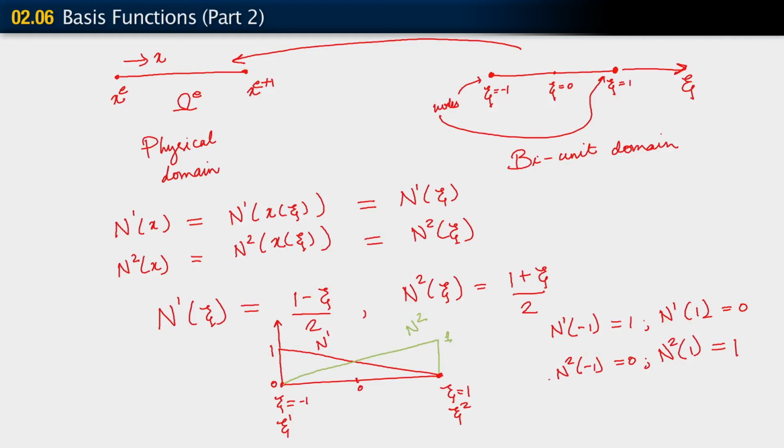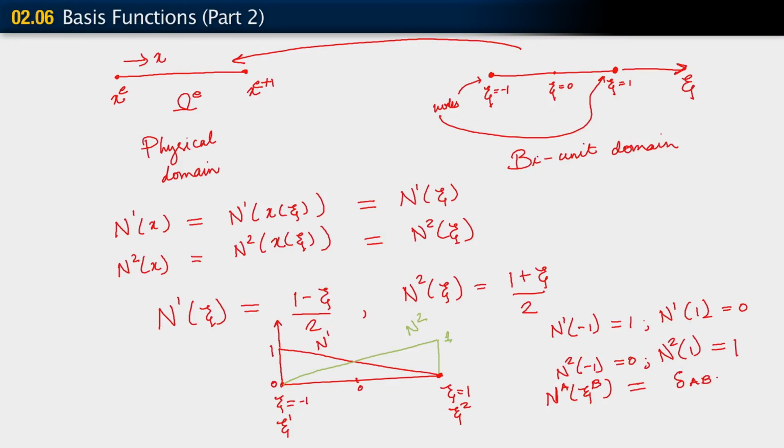What that then lets me say is that N_A, whichever shape function, whichever basis function you want to use, by the way, basis functions are often called shape functions, I just prefer the term basis function, if you take basis function A and you evaluate it at xi_B, this is the Kronecker delta.